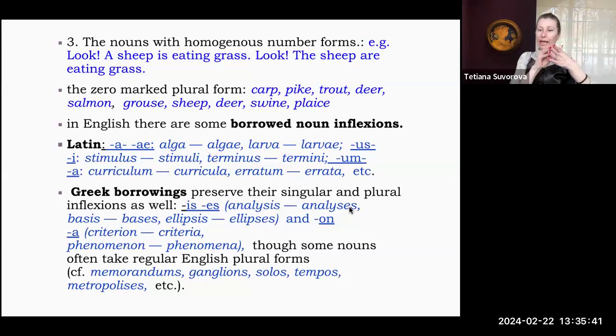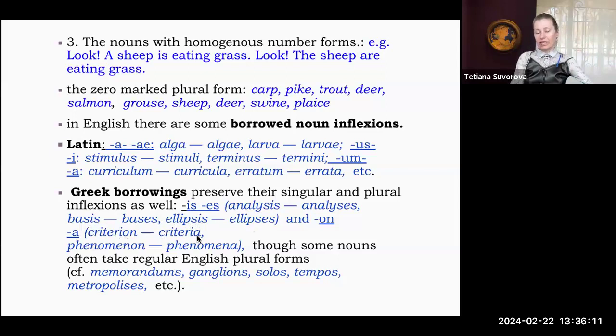That is about grammar in connection with phonology. They are together because if you hear analysis, I've done the analysis of that text, it's one analysis. And I've done analyses, already pronounced differently. So it means a lot of different bases, ellipsis, ellipses, and so on.